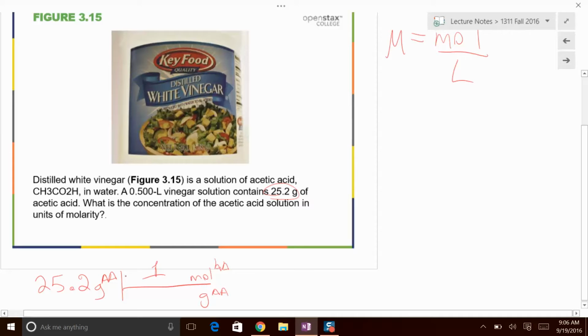How am I going to find the number that goes on the bottom? That's right, I have to find the molecular mass of acetic acid. So we have C2H4O2. Okay? So we have 2 carbons here, 4 hydrogens, and 2 oxygens.